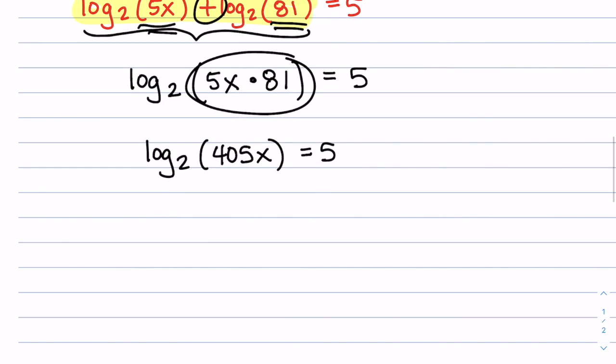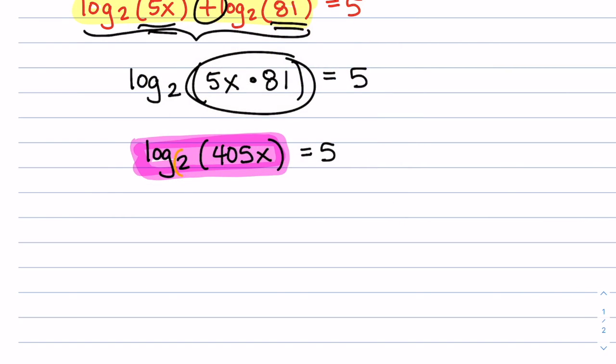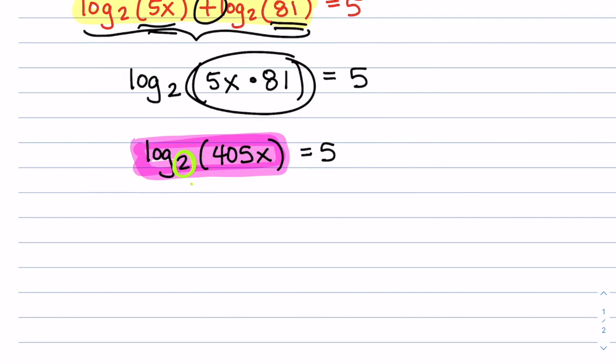And now that we're down to 1 log, that's how we know that we can convert it back to an exponential. So how does that process work? I'm going to take the base of this logarithm, raise it to the power, and then make it equal to the answer.